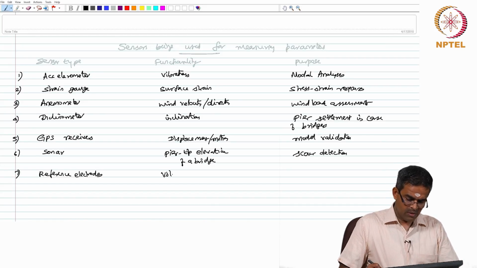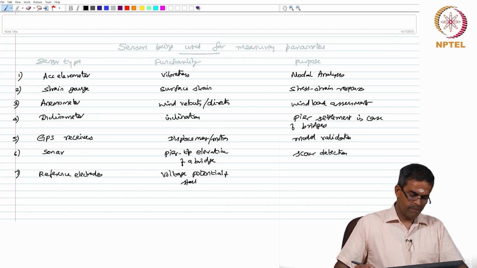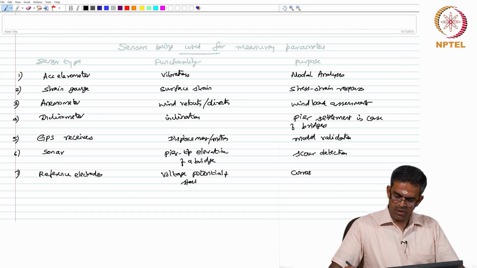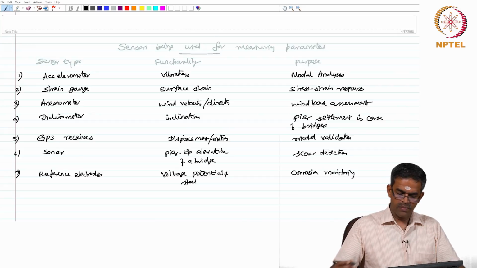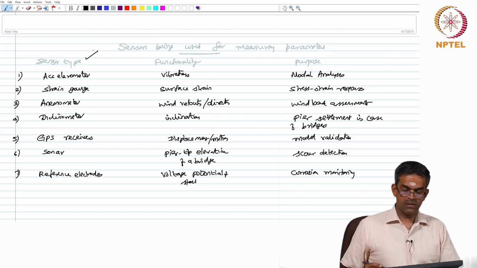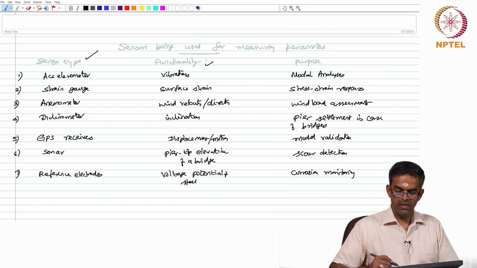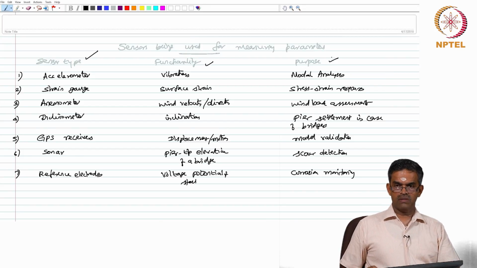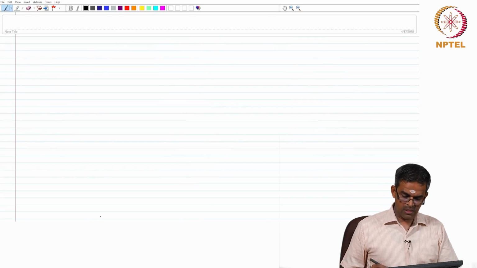They can measure voltage potential of steel. They are helpful in corrosion monitoring. So, various types of sensors and their functionality and the purpose of use of these sensors in health monitoring is discussed in this table.